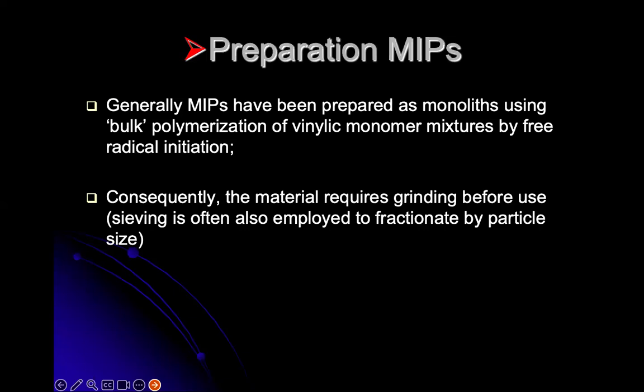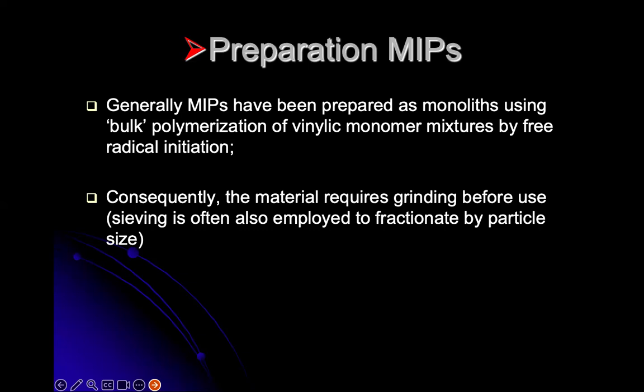The final physical form of MIP is solid, okay? But then you can also use different types of polymerization so that you have emulsion, okay? So you don't have to choose a monolith. Monolith means that it's a solid form, okay?